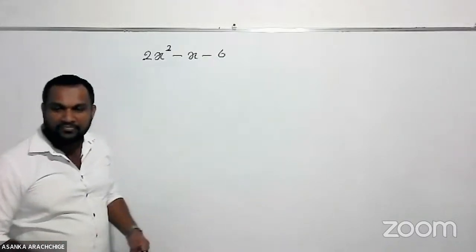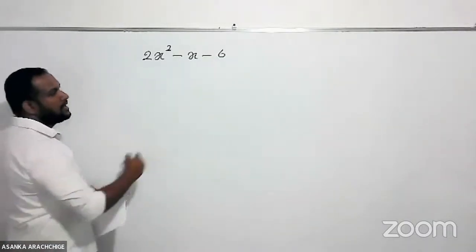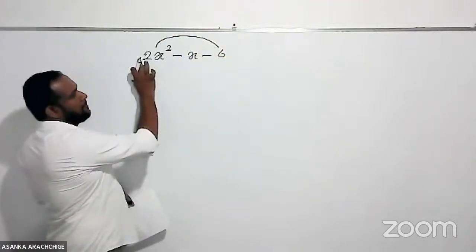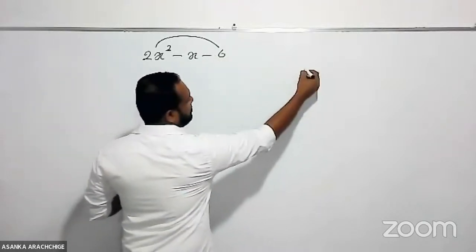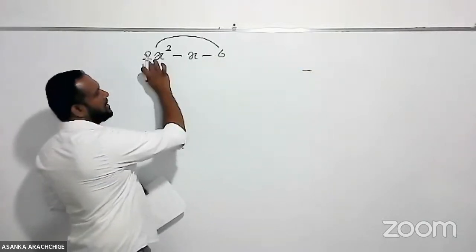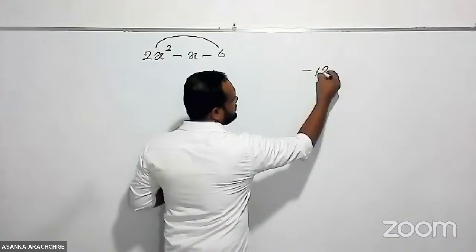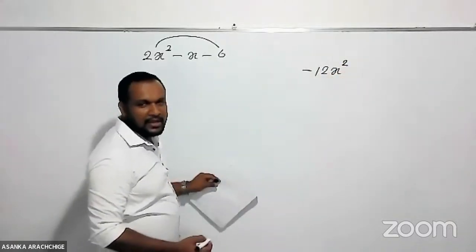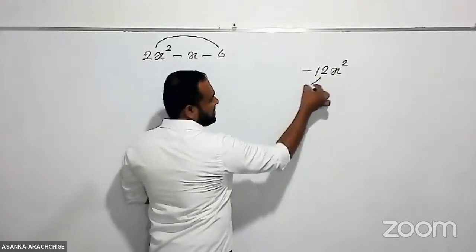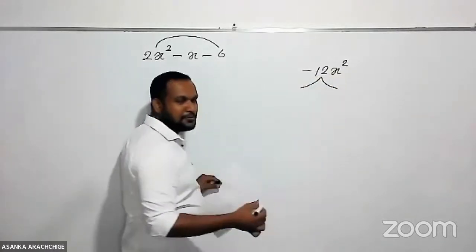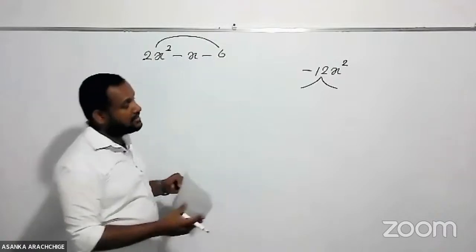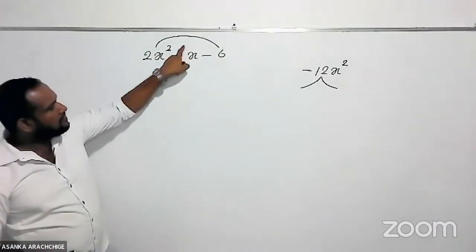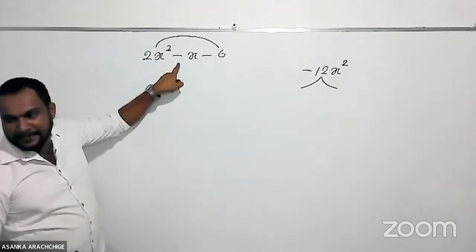First, we need to get the product of the two end terms. Minus 6 times 2 is minus 12x squared. Then this should be written as a product of two factors, but the sum of those two factors must be equal to the second term.